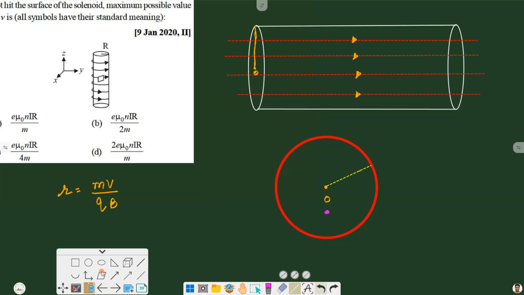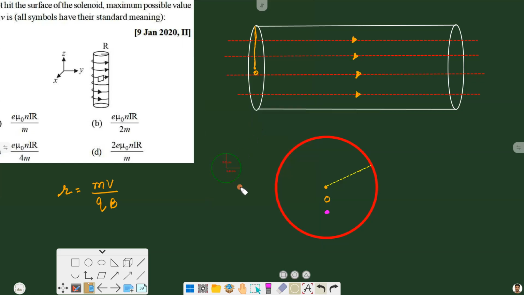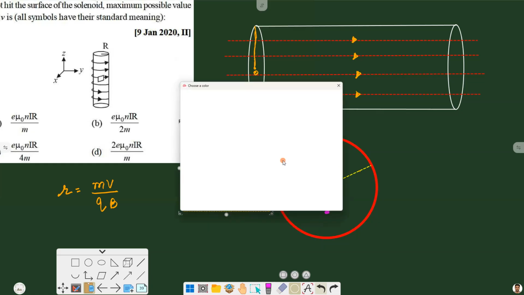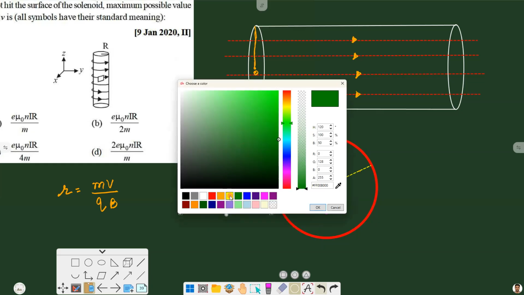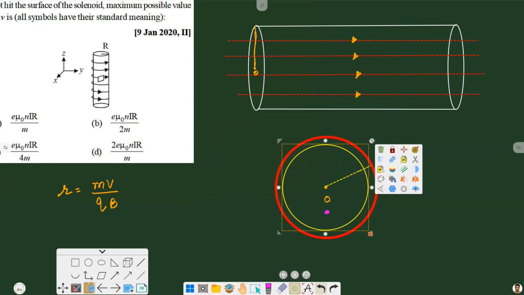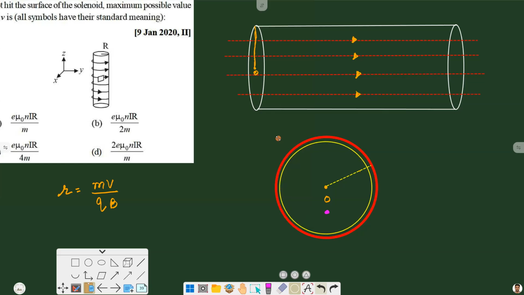From here. Okay, I have to choose a different color for this one. So either its path should look like this. This is one of the possible paths in case of maximum radius, that an electron enters the field and starts revolving like this.